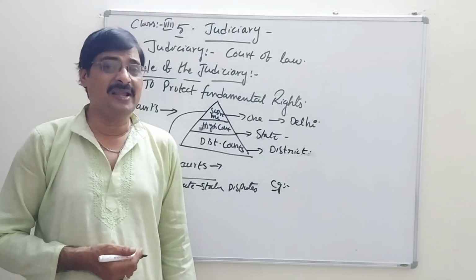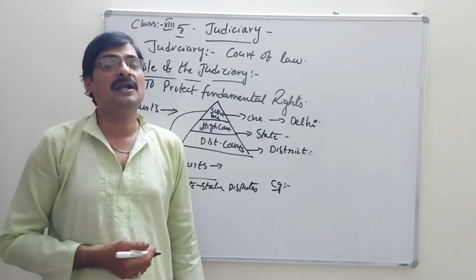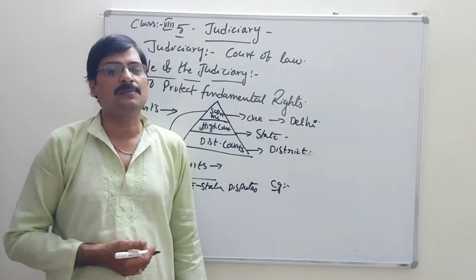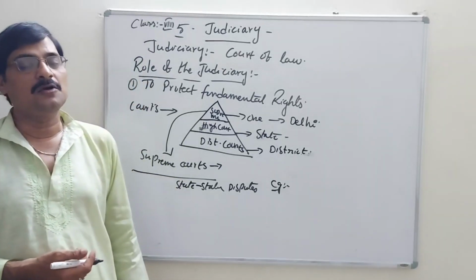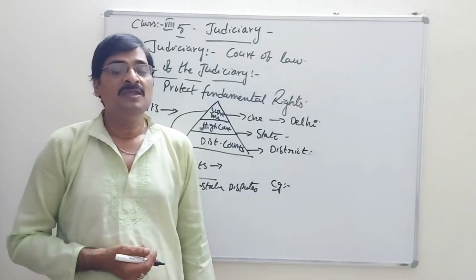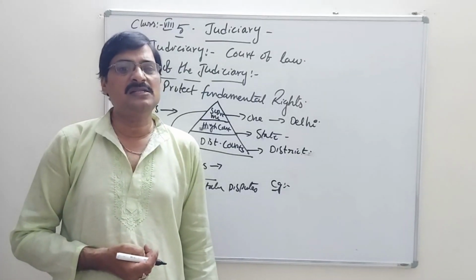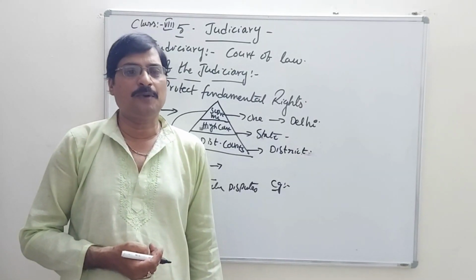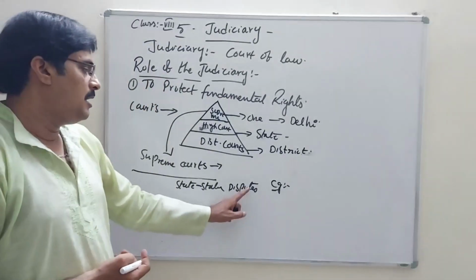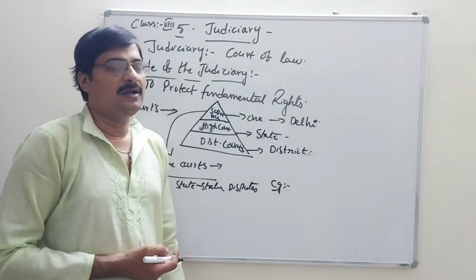Now these three states have some disputes about how much water supply should be released from the Tungabhadra dam. So in these three states, they have some kind of problem. These are state to state disputes.